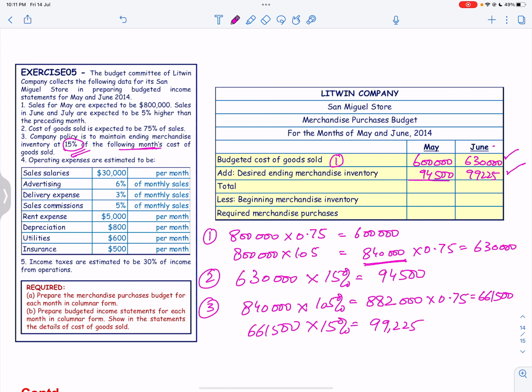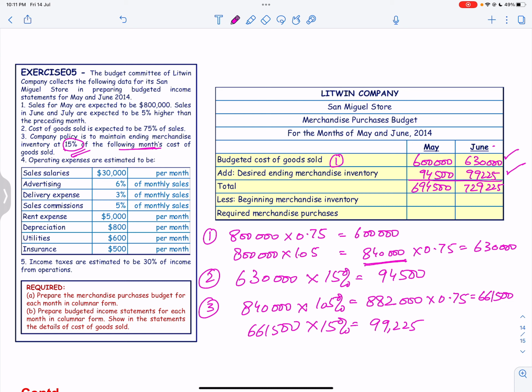So the total will be now 694,500 and 729,225.